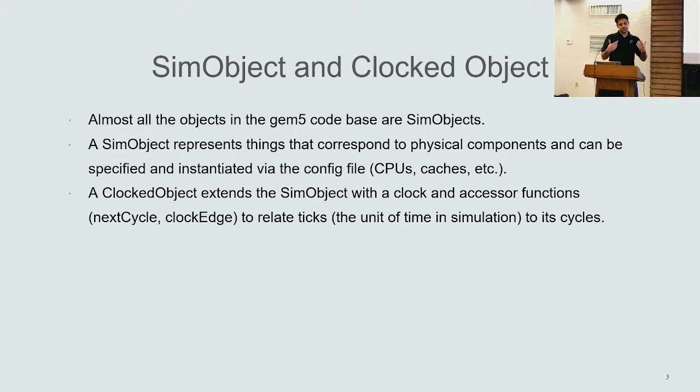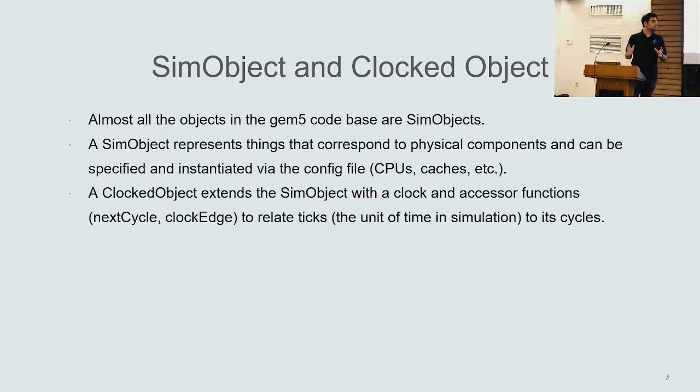SimObjects are basically the representative for real hardware. They are fundamentally the thing that you use to model your hardware. For example, throughout the past 2 days, you have been using the timing simple CPU, which is a SimObject. You have been using the memory controller, which is a SimObject. You have been using the traffic generator, which is a SimObject. You have been using a crossbar, which is a SimObject.